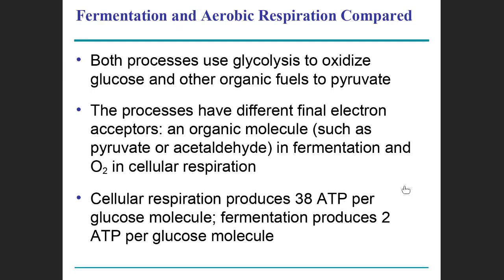But remember, we're talking about maximum theoretical yields of ATP here. 36 to 38 is the maximum theoretical yield. It's really more like 29 or 30 molecules per glucose. But aerobic respiration is the most efficient. You get the most ATP per glucose if you have oxygen and can use it.